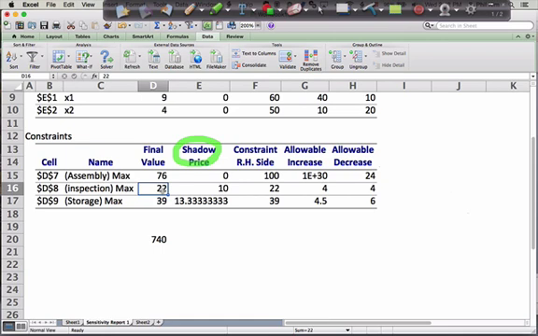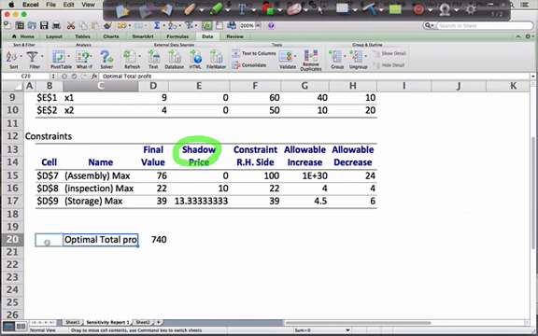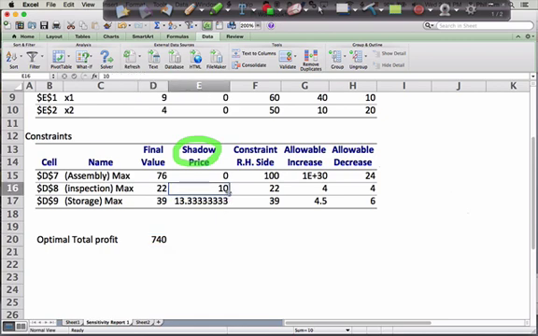Then how much will this optimal total profit increase? $10. So if you increase this 22 into 23, it will become 750.